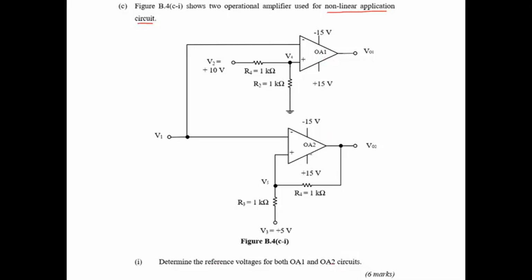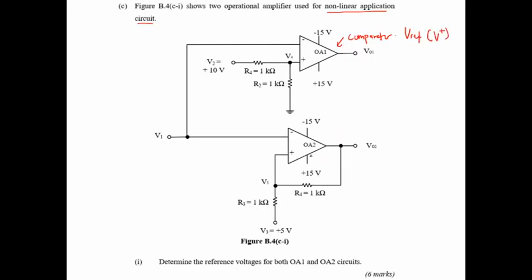OA1 has no positive feedback, so this is a comparator. For a comparator, the transition point, or reference voltage, is V reference, and the reference voltage is V plus.